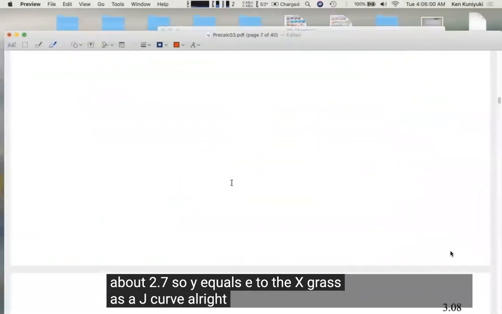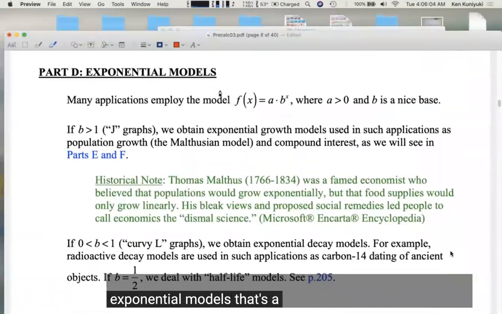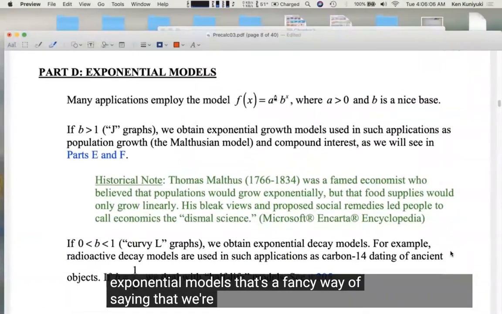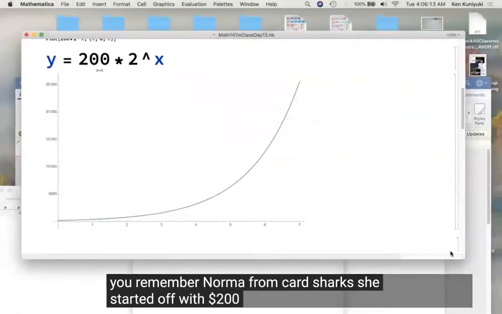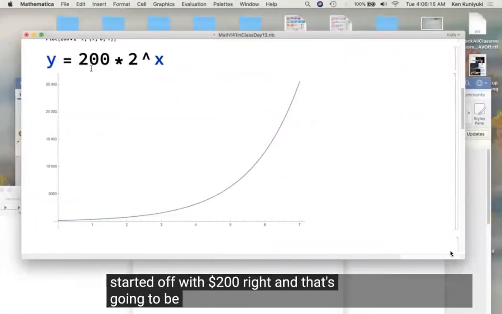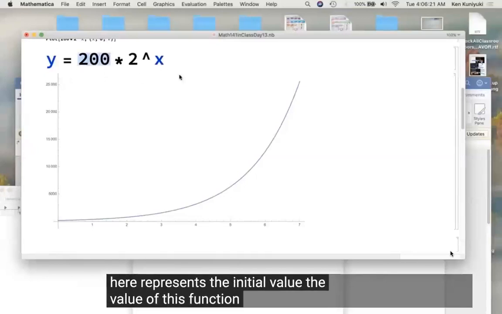All right. Exponential models, that's a fancy way of saying that we're going to attach a constant, like a coefficient. Basically, if you remember Norma from Card Sharks, she started off with $200, and that's going to be the constant A. In fact, A represents the initial value, the value of this function rule when x equals 0.